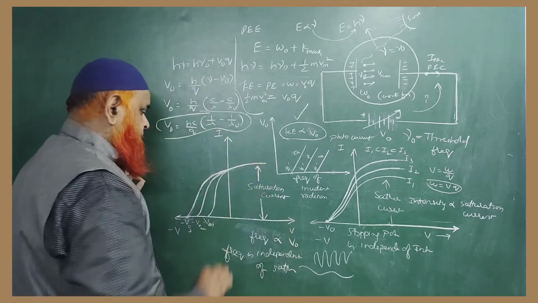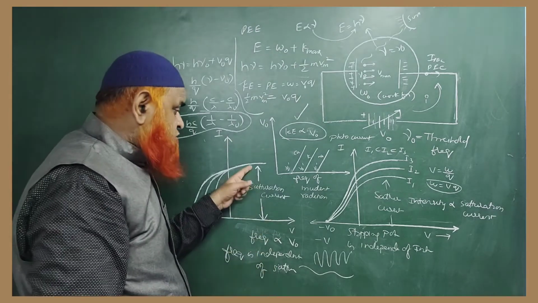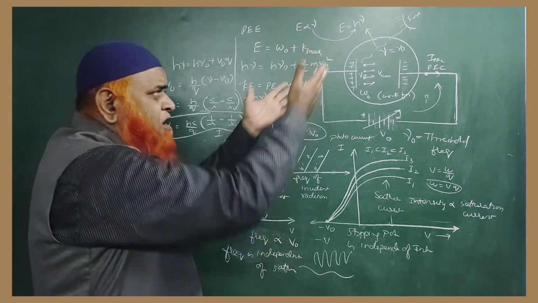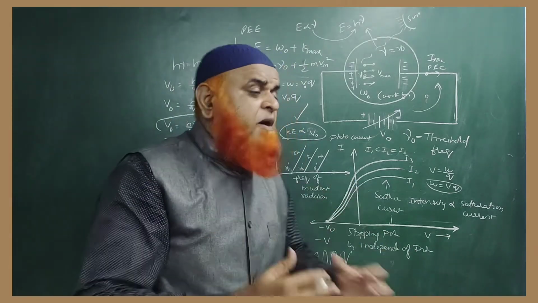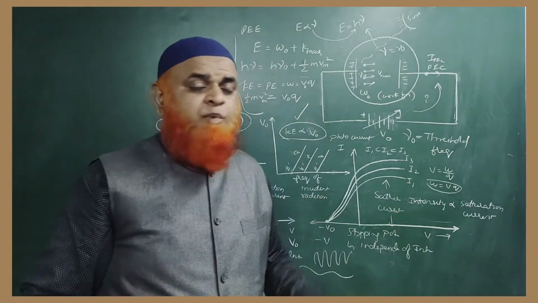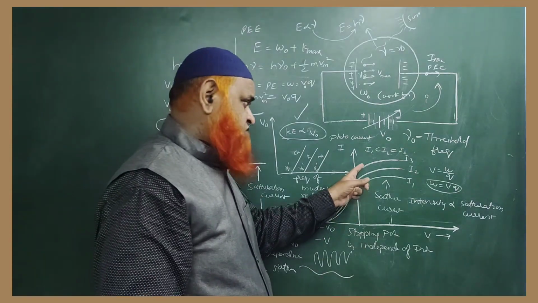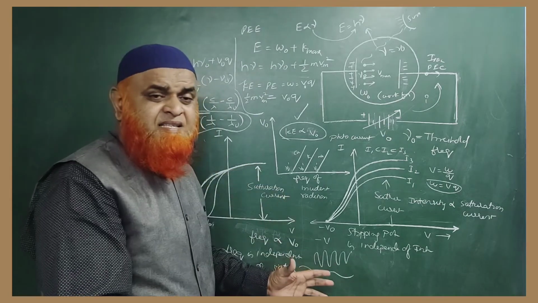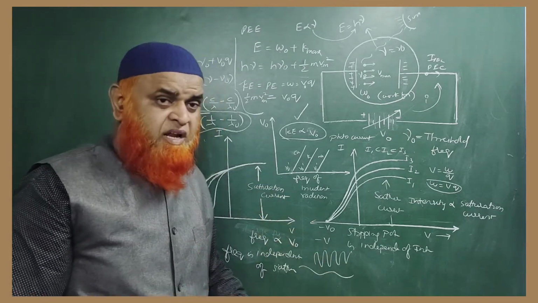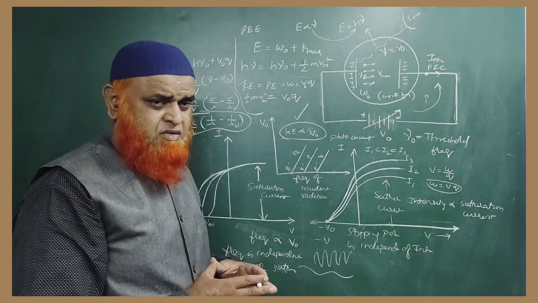Even though you change the frequencies, saturation current is the same for all the frequencies, whereas saturation current depends upon the intensity, not on the frequency. Intensity increases, saturation current increases. Frequency increases, saturation current does not increase, but stopping potential increases because of high kinetic energies in the electrons.